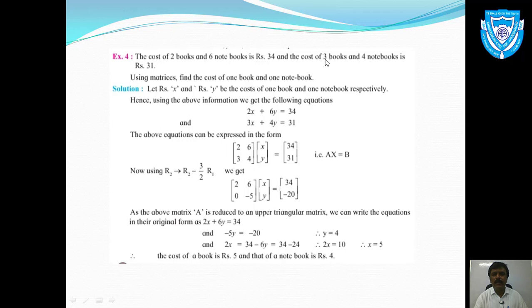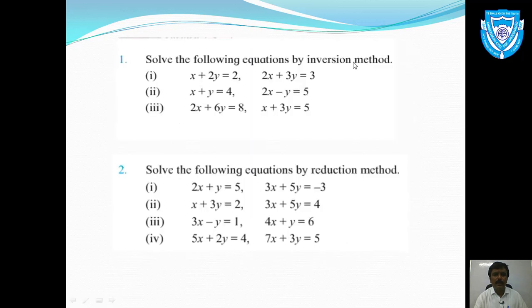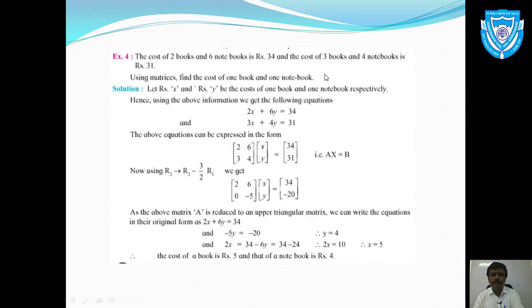From the second line we can write 3x plus 4y is equal to 31. 3x plus 4y is equal to 31. See, we got these two equations from the given information. We have written two equations after defining the variables. वेरिएबल्स डिफाइन करने के बाद हम लोगों ने यहाँ पे दो इक्वेशंस लिखे हैं.